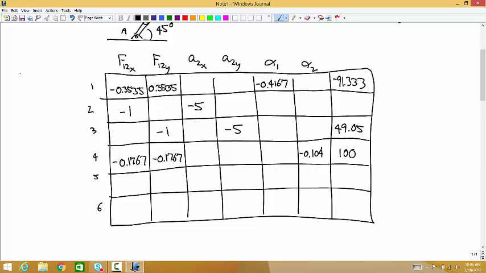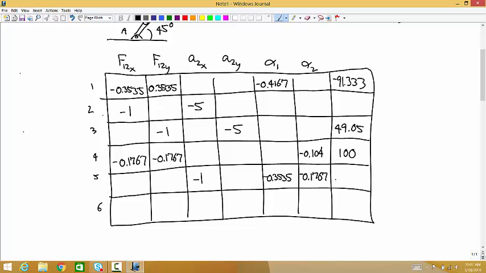And then equations 5 and 6 are the 2 constraint equations, saying that the 2 members have to agree about the acceleration of the pin joint that connects them. A2x is negative 1. Alpha 1 is negative 0.3535. Alpha 2 is negative 0.1767.